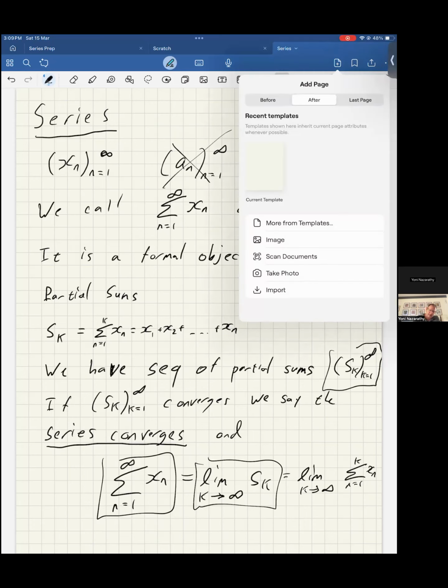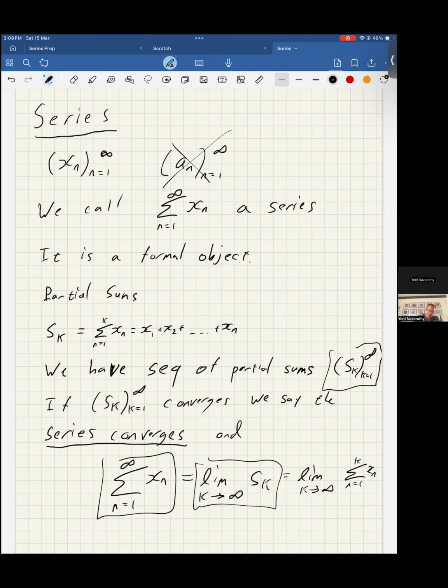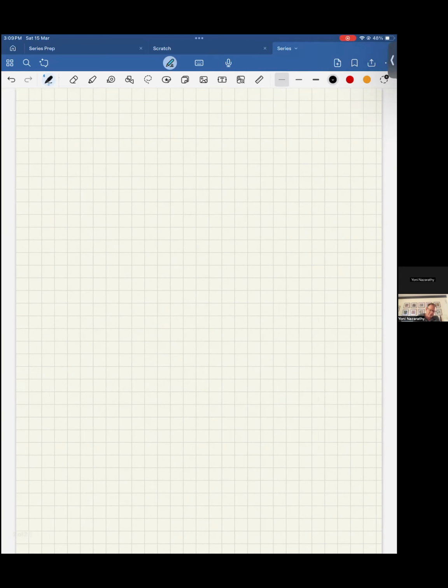And let's continue. If S_k, k going 1 to infinity, diverges, so sequences are either convergent or divergent. And if the sequence of partial sums diverges, we say the series diverges.